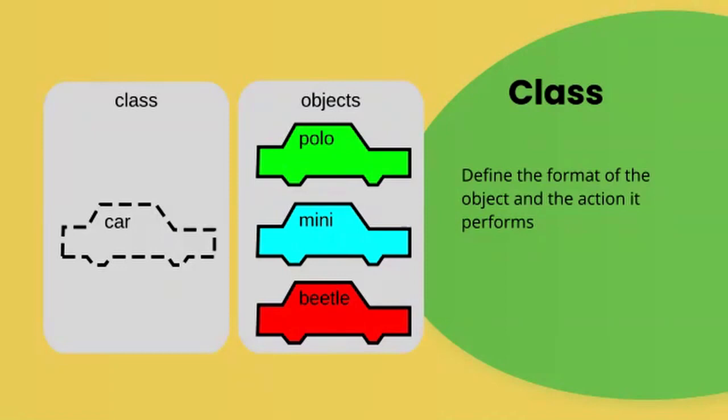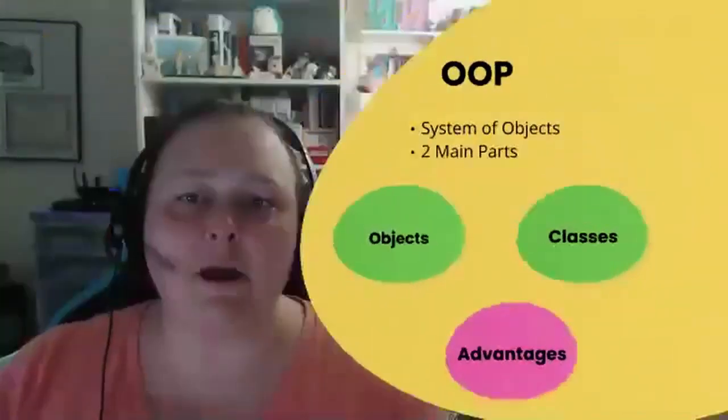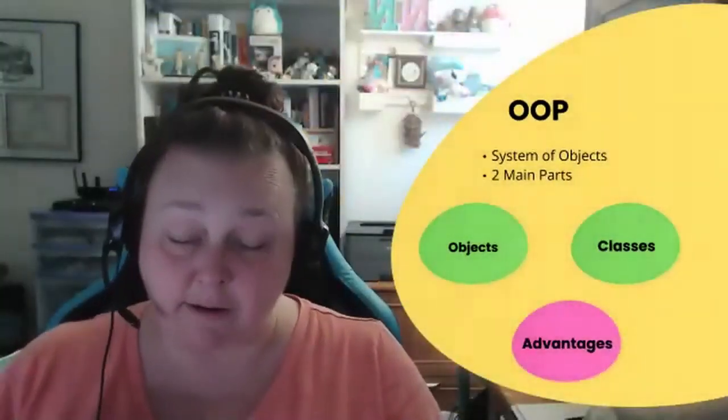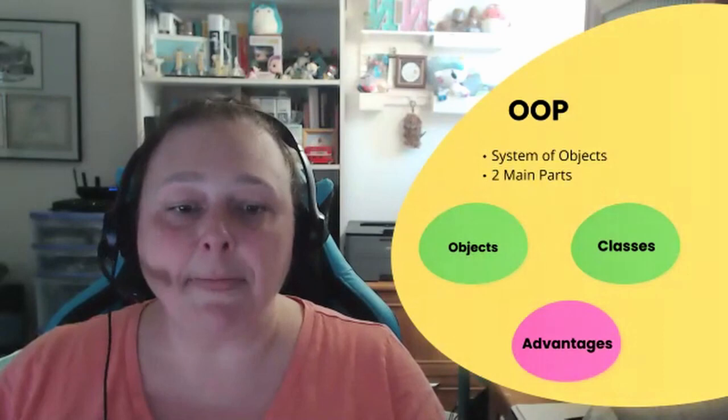The class will give that to each of the objects. So your Beetle has a windshield, a trunk, and an engine. So does your Mini, and so does your Polo. That's kind of what we're talking about when we're talking about these objects in object-oriented programming.